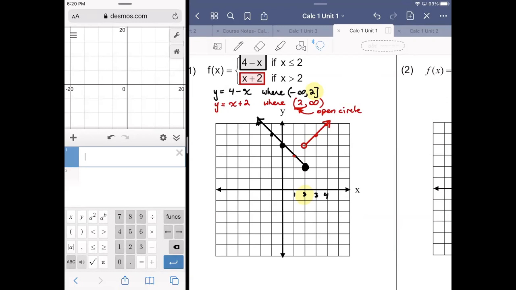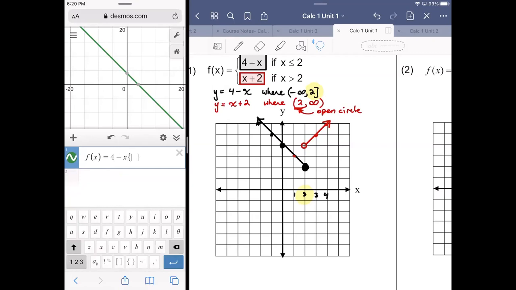But first things first, f of x equals 4 minus x. All right, but I only want this to exist in the particular domain x is less than or equal to 2. So I would open a squiggly bracket.